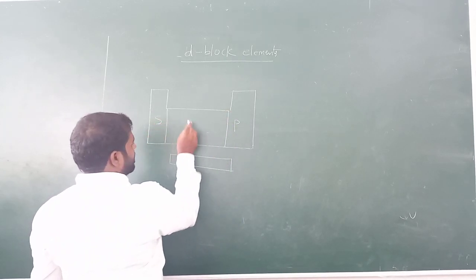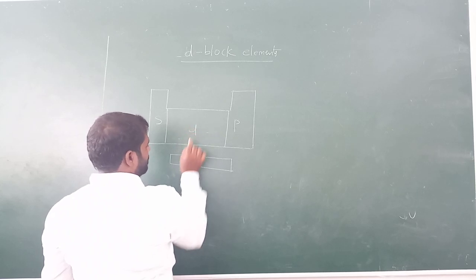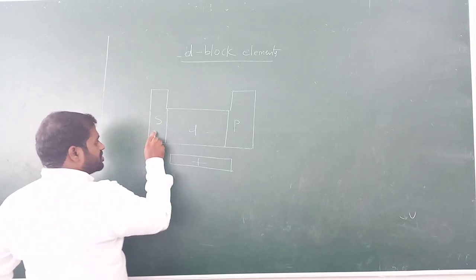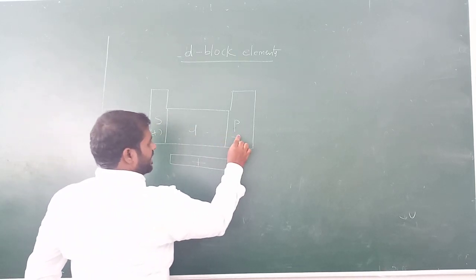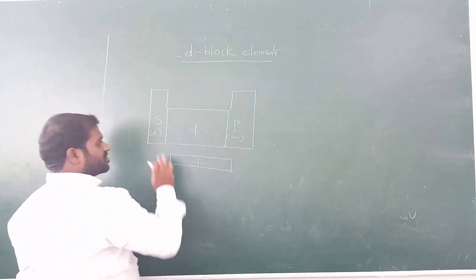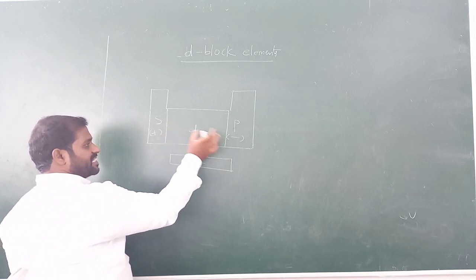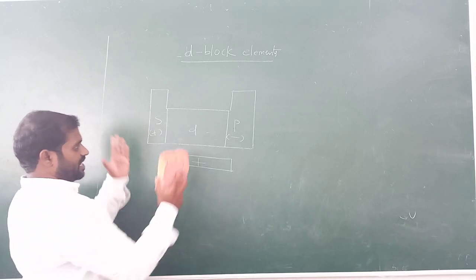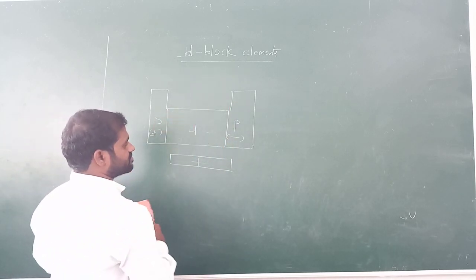This is s block. In between we have d block, and these are f blocks. So highly positive elements, negative elements. These d block properties are in between s and p. Okay, clear? Just remember, d blocks exist in between in the periodic table.